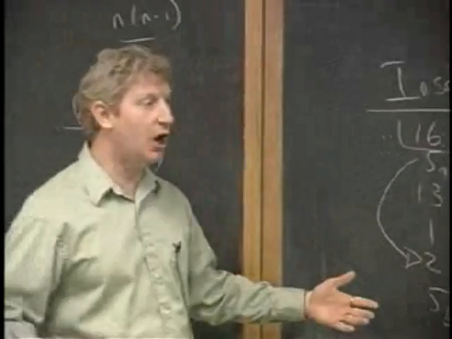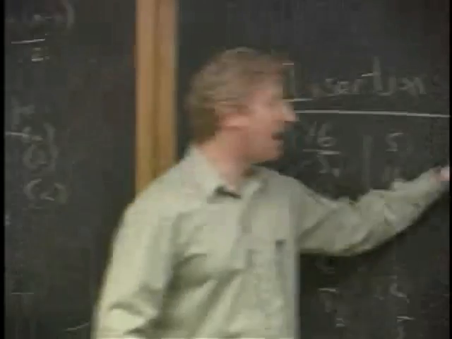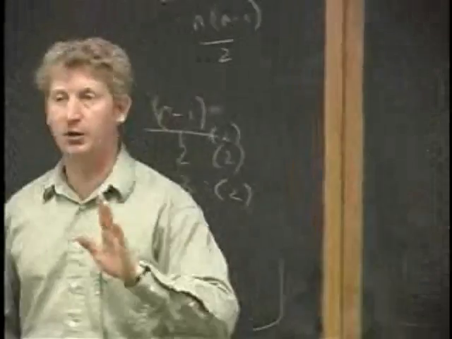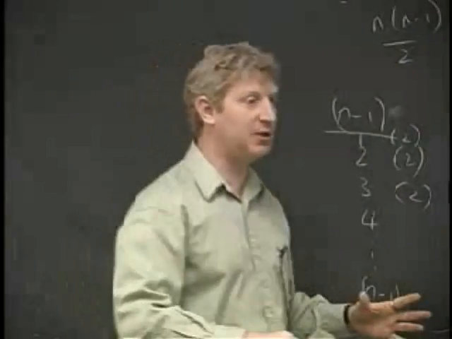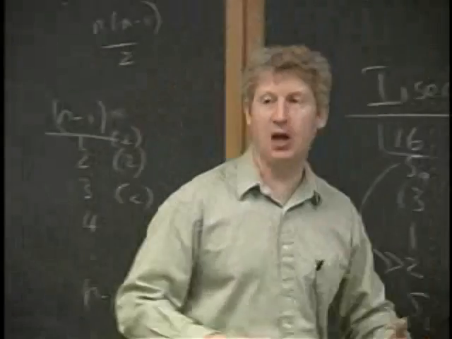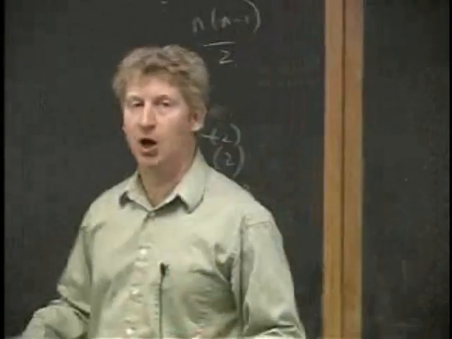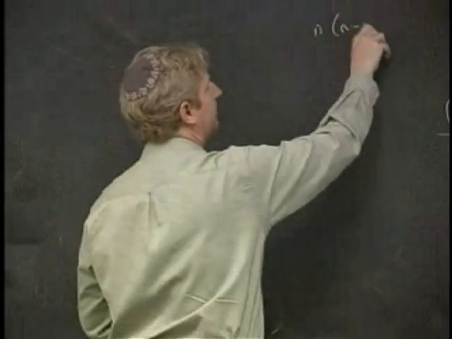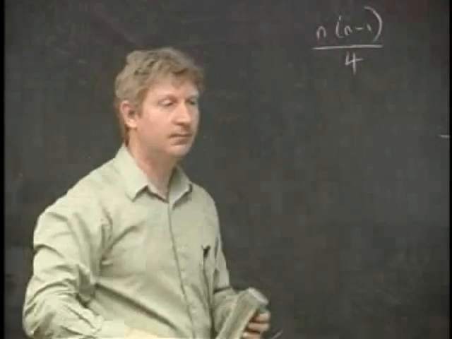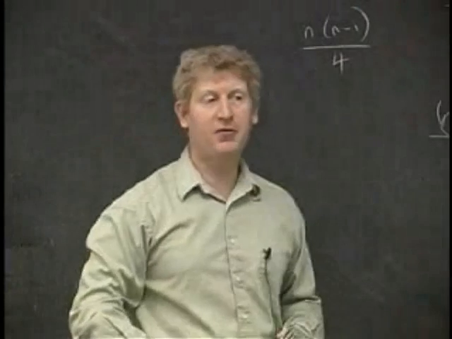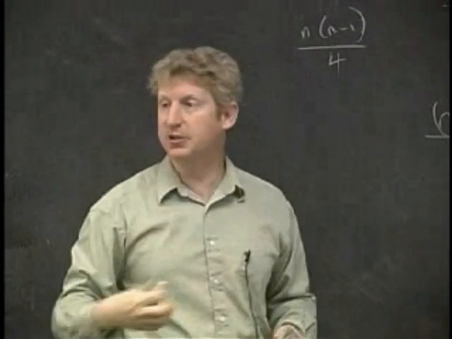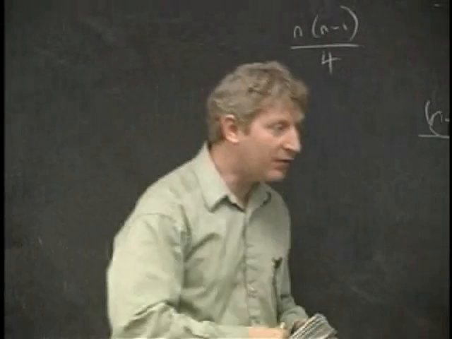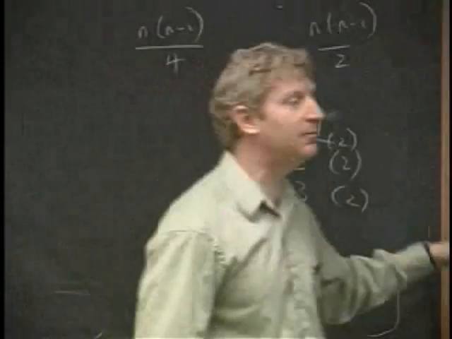So the analysis goes, let's consider each of those possibilities equally likely at every interval, add them all up as to how many steps it would take, divide by the number of possibilities, and you get a result. The book does this in gory detail, and it ends up being that on the average, it does a factor of 50% better, but still order n squared. So the average case analysis for insertion sort doesn't make it any faster.